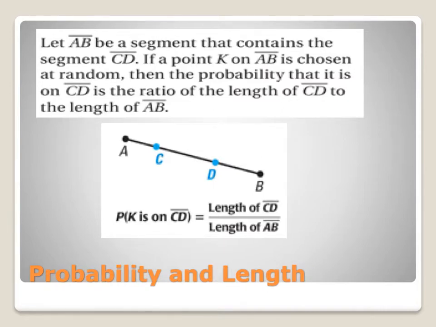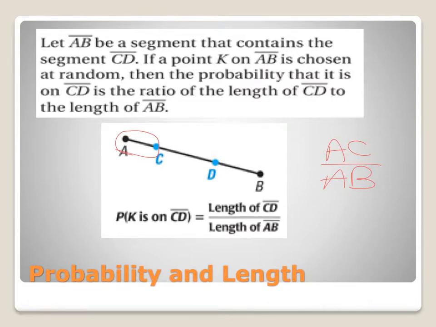What's the probability that it would be on AC? The way you're wording it would be the probability it's not on AC. Does that make sense? She said take AC away from AB. But if I wanted to figure out the probability that you'll land on AC, then I put what you're aiming for, which is AC, over the length of the whole thing. It's kind of like, what are you aiming for, and what's the whole shape?